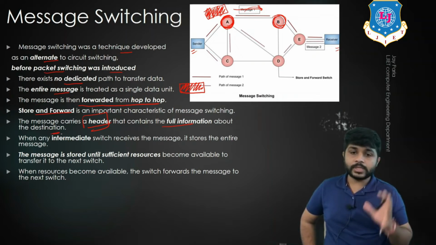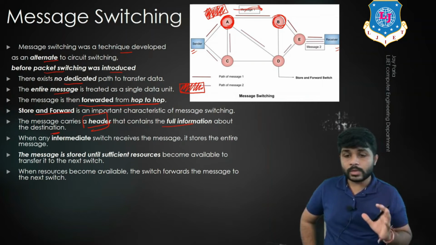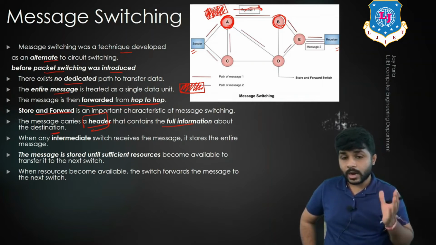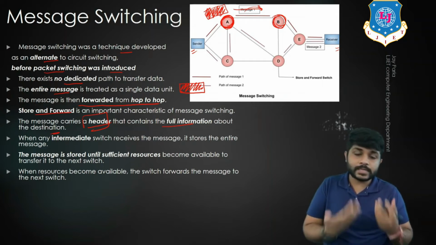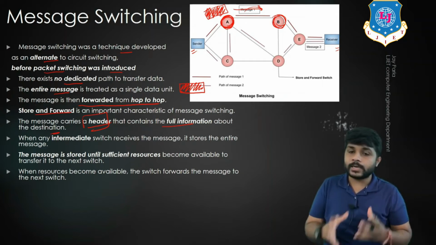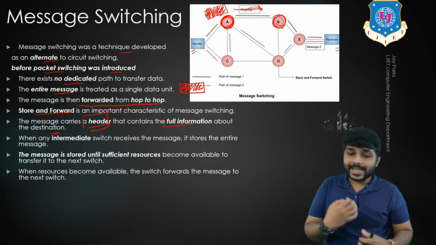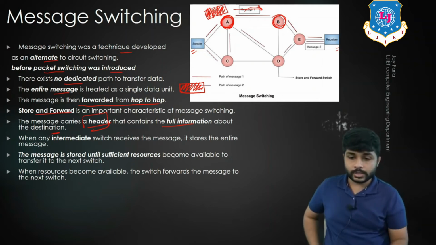So in message switching, there is not only the message. Apart from the message, there is some extra data which is added before sending the message. From that extra data, device A or the switch can confirm what the destination is. When any intermediate switch receives the message, it stores the entire message and forwards it.